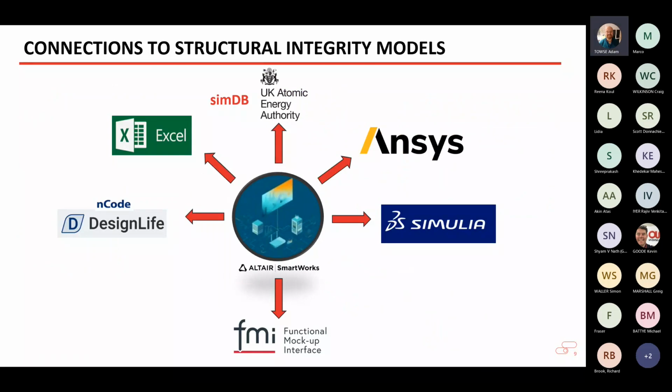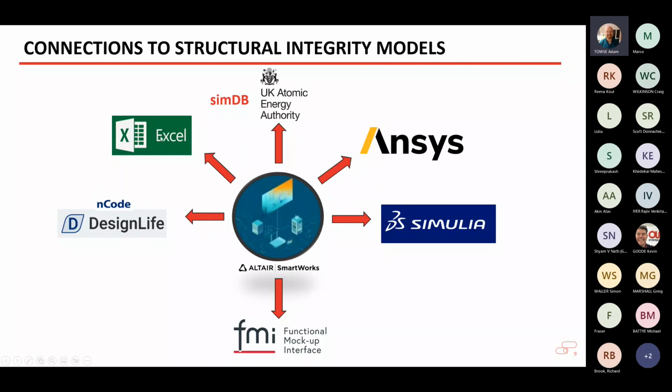So in terms of the structural integrity models that we connected, there was a relatively small range. We'd picked some of the larger FE programs, so ANSYS and Abaqus. We had some programs running. We had functional mockups connected. We connected commercial programs, in this particular case, Design Life. So that was going off and grabbing stress data and running it through a fatigue program to calculate fatigue usage.